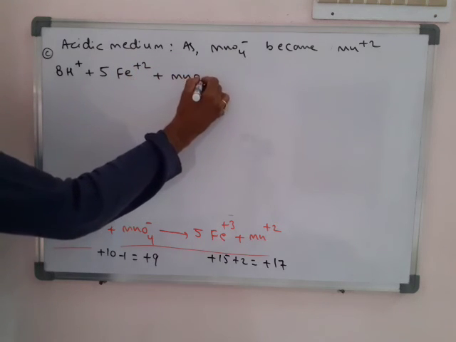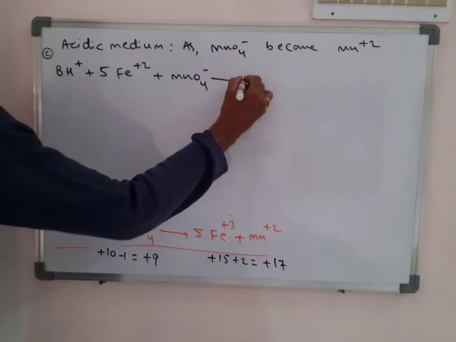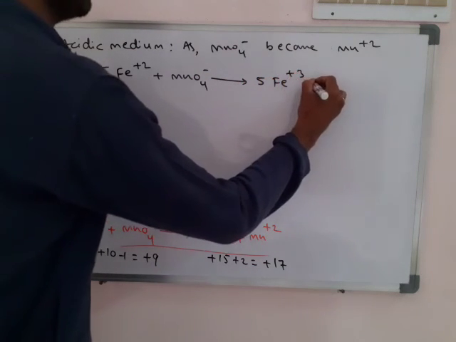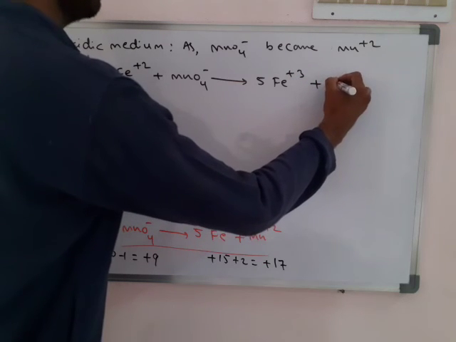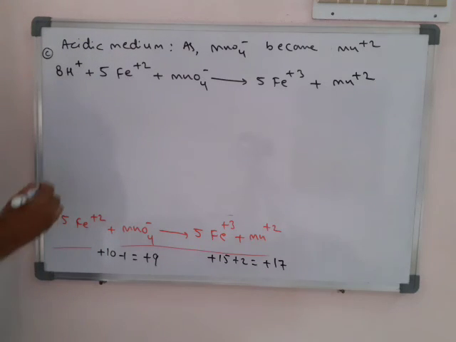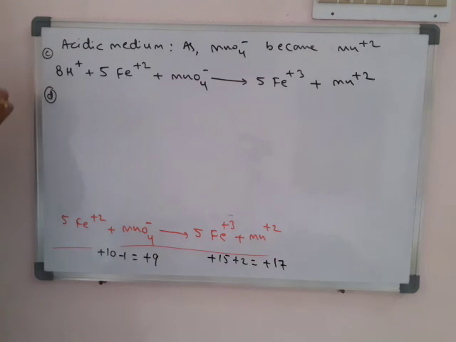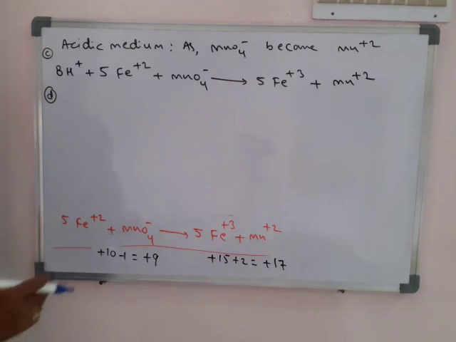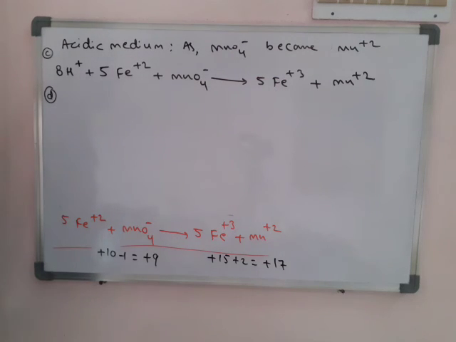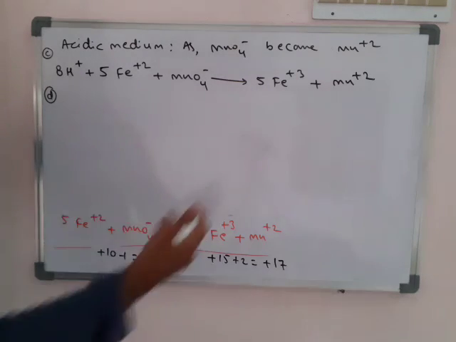I want to remind you that here I am following the oxidation number method to balance the equation. If you want, you can follow the ion electron method also. Next, what is the last step? We have to balance the oxygens. Here there are 4 oxygens on the left and none on the right, so we add 4 H2O at the right side.